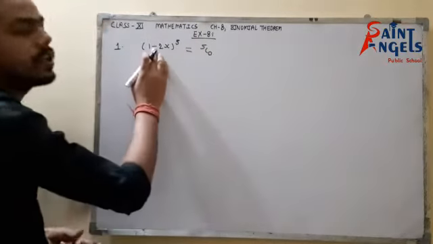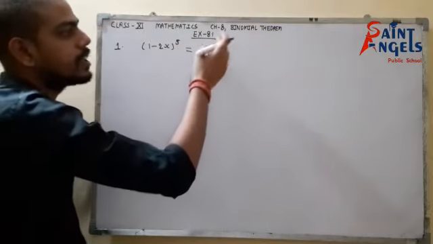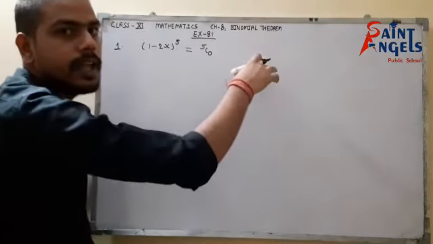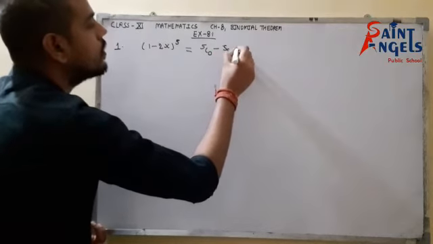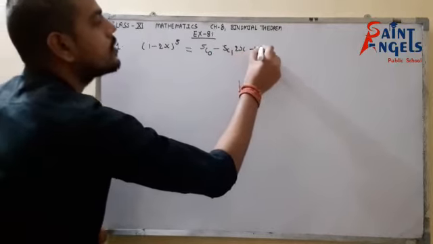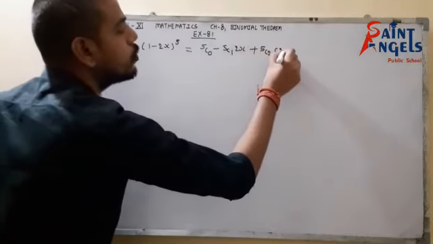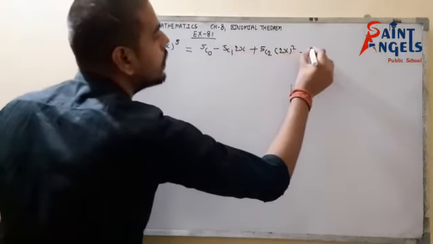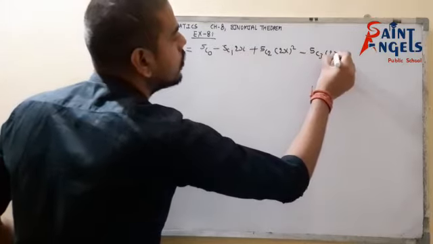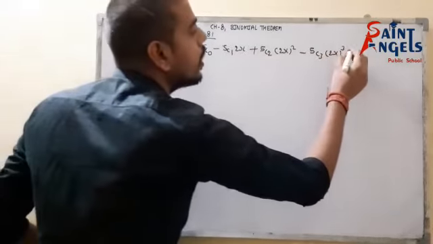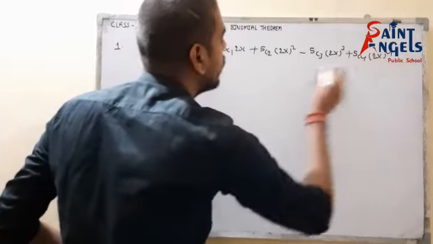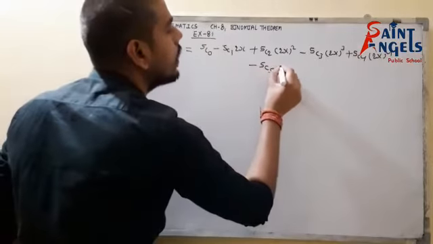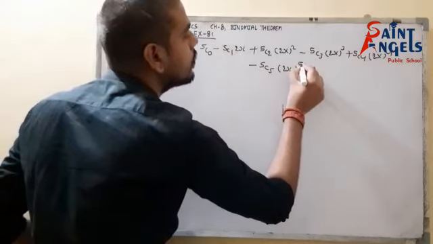Then this is the formula for negative, so the first term is positive, the next term is negative, then positive, then negative. So it would be minus 5C1 (2x), plus 5C2 (2x)^2, minus 5C3 (2x)^3, plus 5C4 (2x)^4, minus 5C5 (2x)^5.